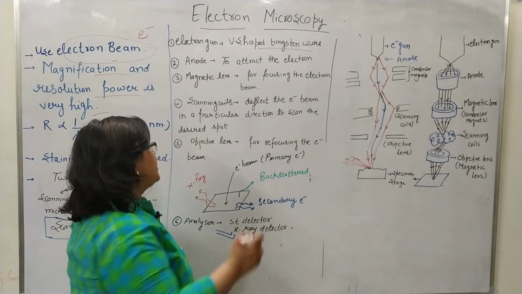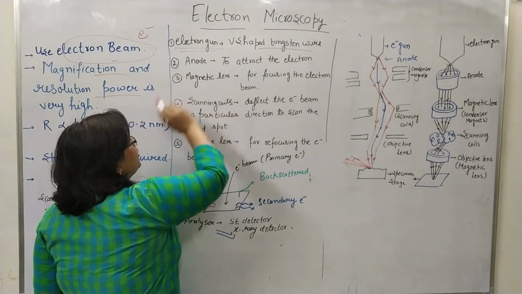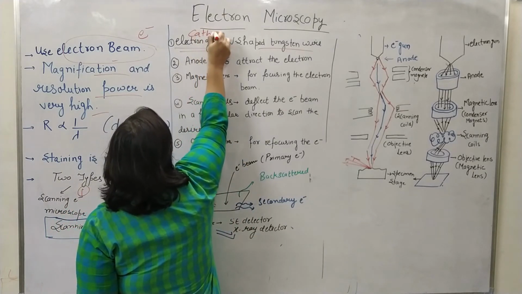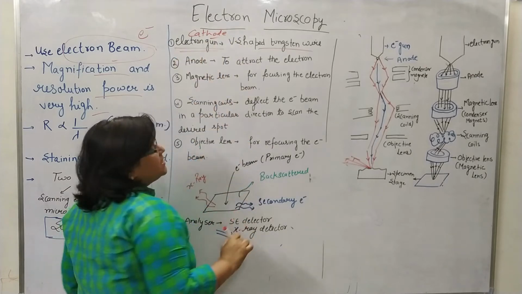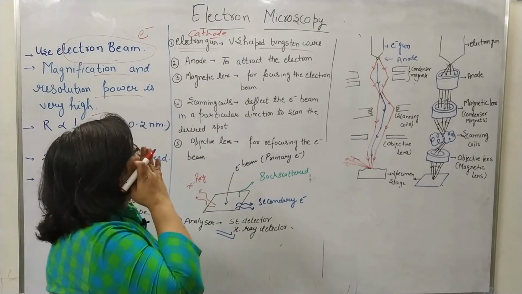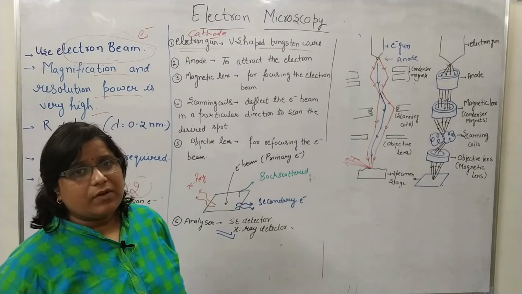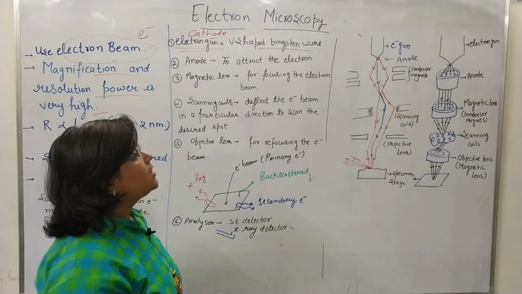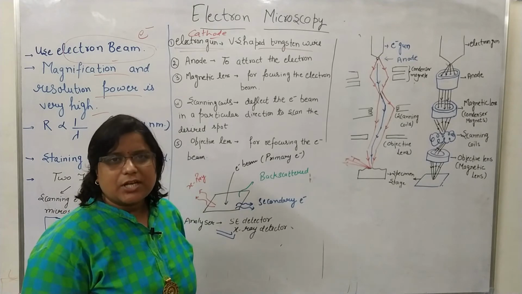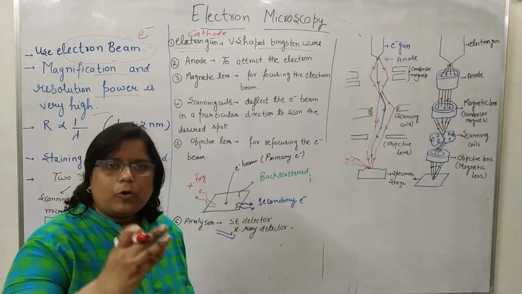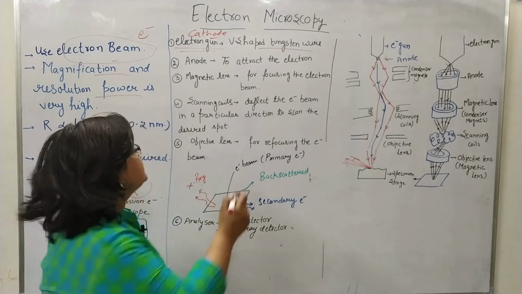You can call this the electron gun, or the cathode, as in some books. The cathode generates electrons, being negatively charged particles, and they will flow towards the positive, which is the anode.